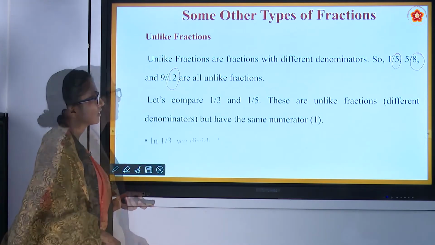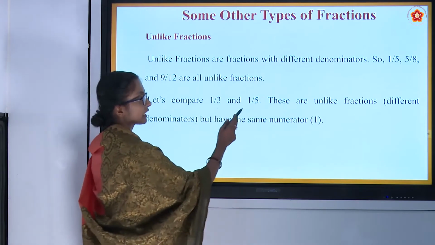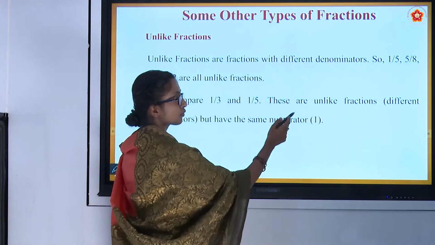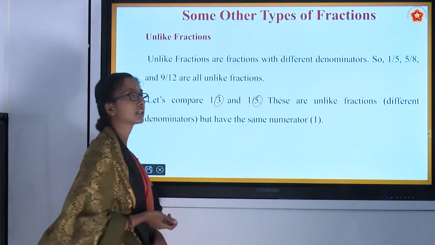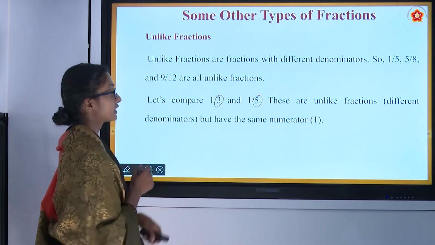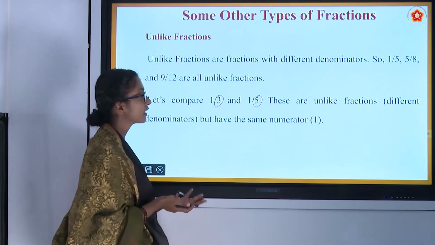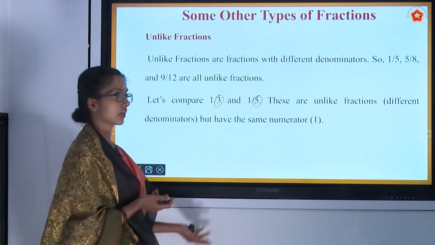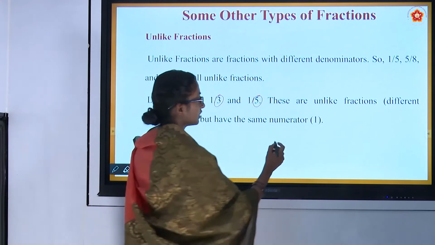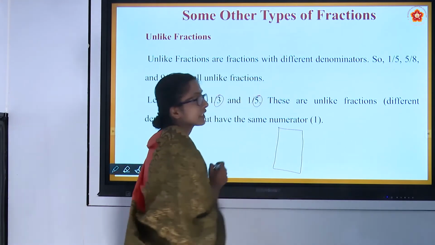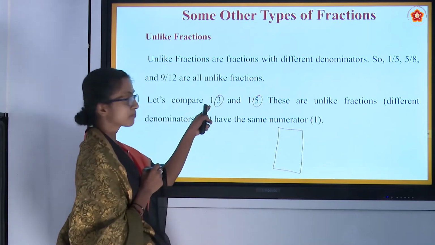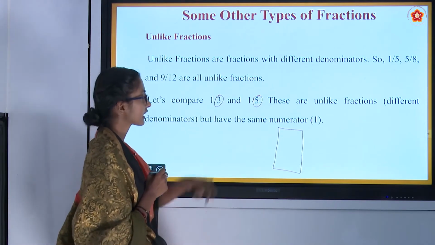Let's compare 1 by 3 and 1 by 5. These both are unlike fractions as they have different denominators. Let's see which one is bigger and which one is smaller among these two. Let's consider a rectangle. We'll divide it into 3 parts first. The whole thing is 3.